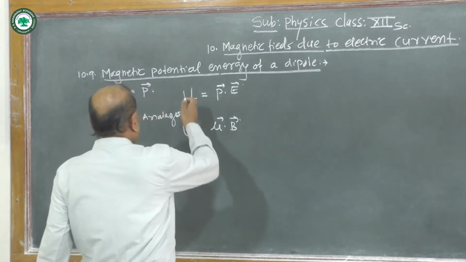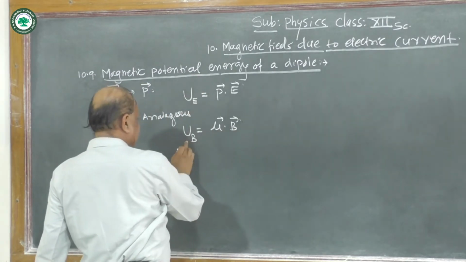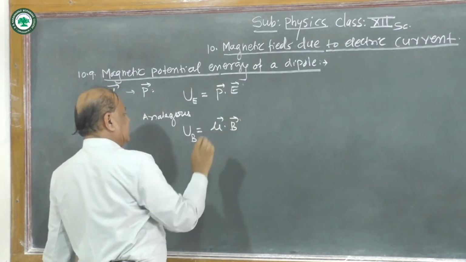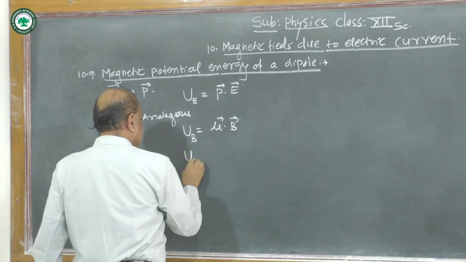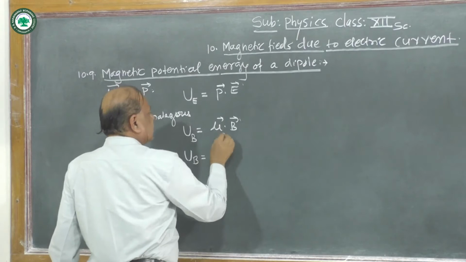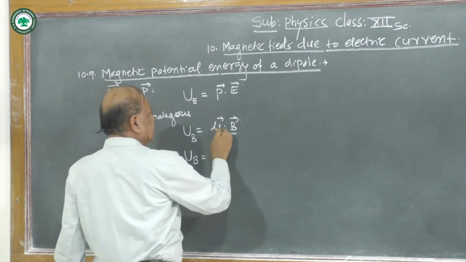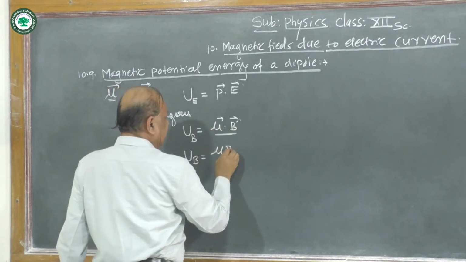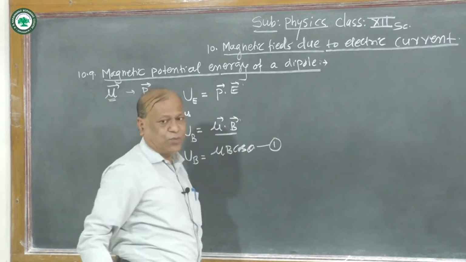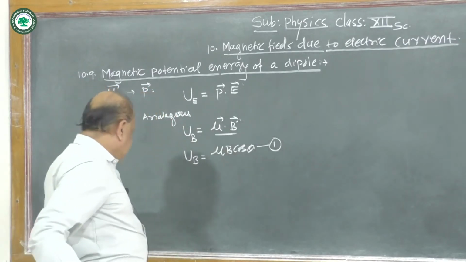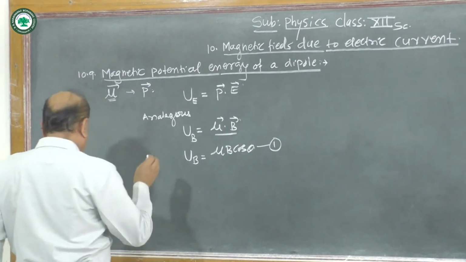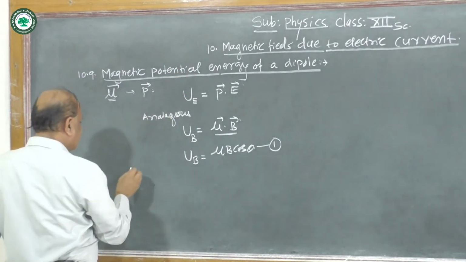Analogous to this equation, the magnetic potential energy of a dipole is given by UB equal to mu dot B, and by the definition of scalar product, that will be mu B cos theta. This is equation 1.